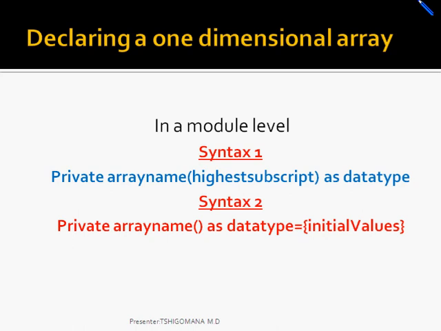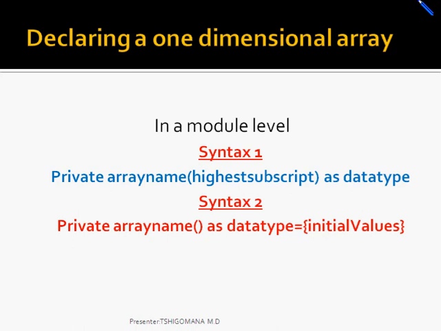If you declare an array at module level, this array is going to be accessed by any procedure in your form. I'm repeating this for the sake of effect. You declare an array at module level just below Public Class Form1.